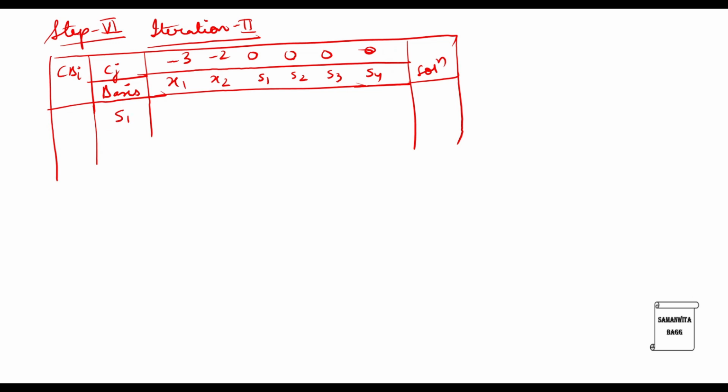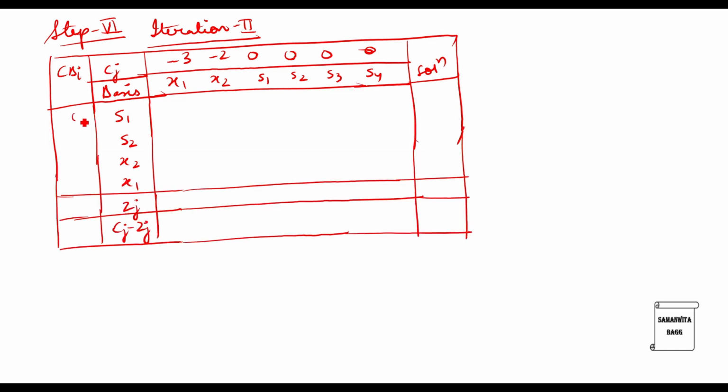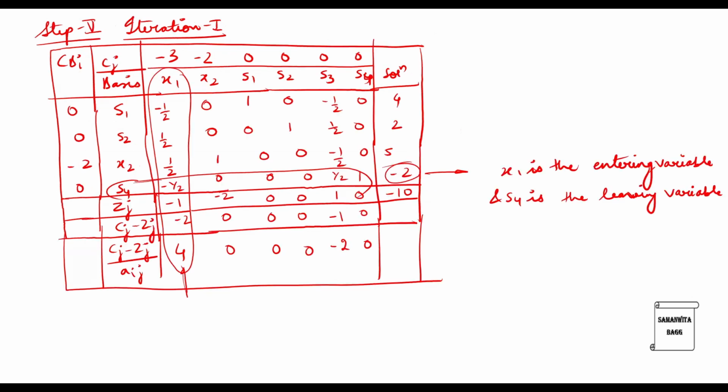Here I'll have S1, S2, this is already x2, this will be now x1. These two are 0, this is minus 2 and this is minus 3. Now I'll write down these values again.